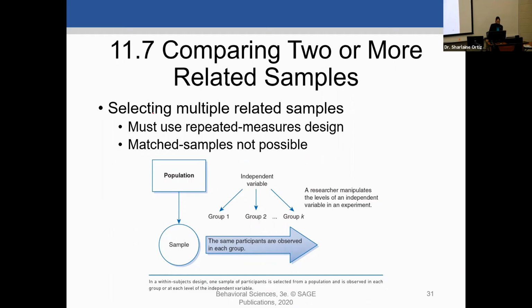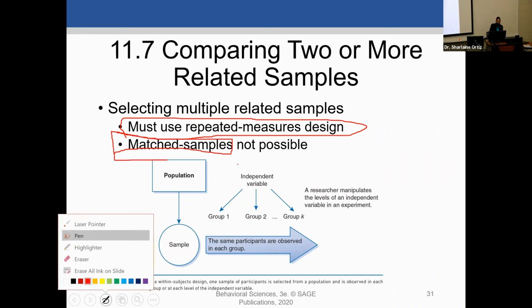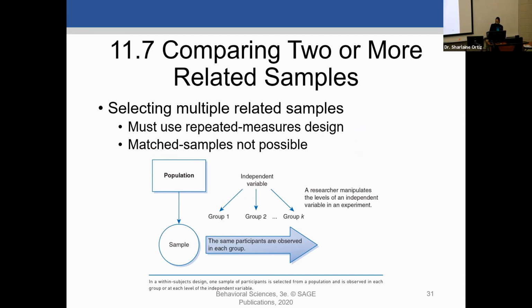In order for us to engage in this specific procedure, remember that we must be utilizing the repeated measures design. Another significant component is that we are unable to utilize matched samples. So any questions about that? Good deal. So let's look at your illustration.